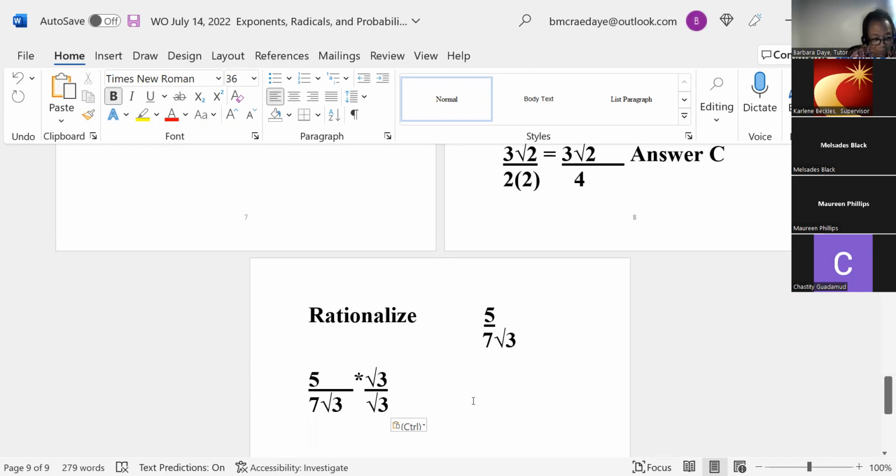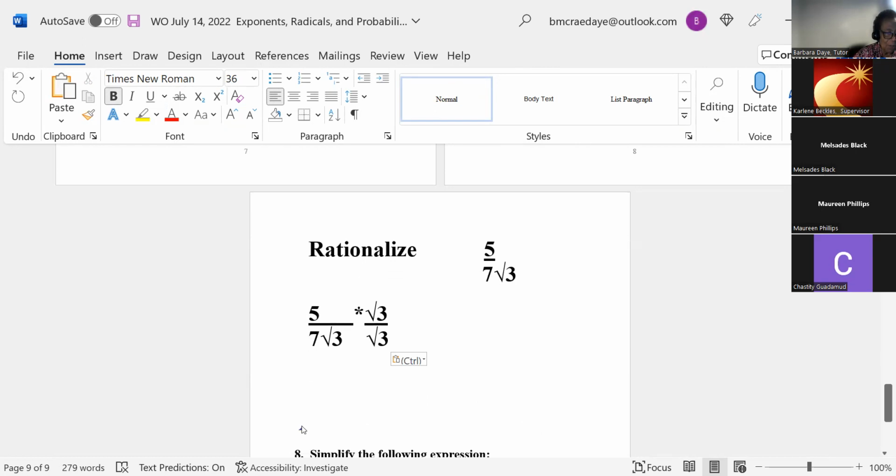Now you've got your first step there. Now, what do you get in the numerator when you have 5 times the square root of 3? What does that give you? 15? You can't multiply a number by a radical. It has to be radical by radical, a number by number.